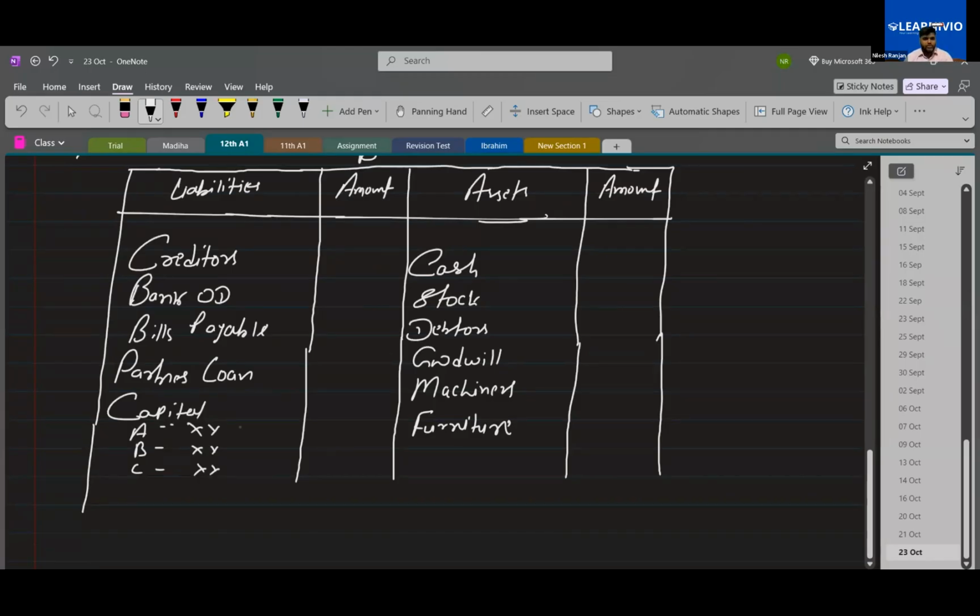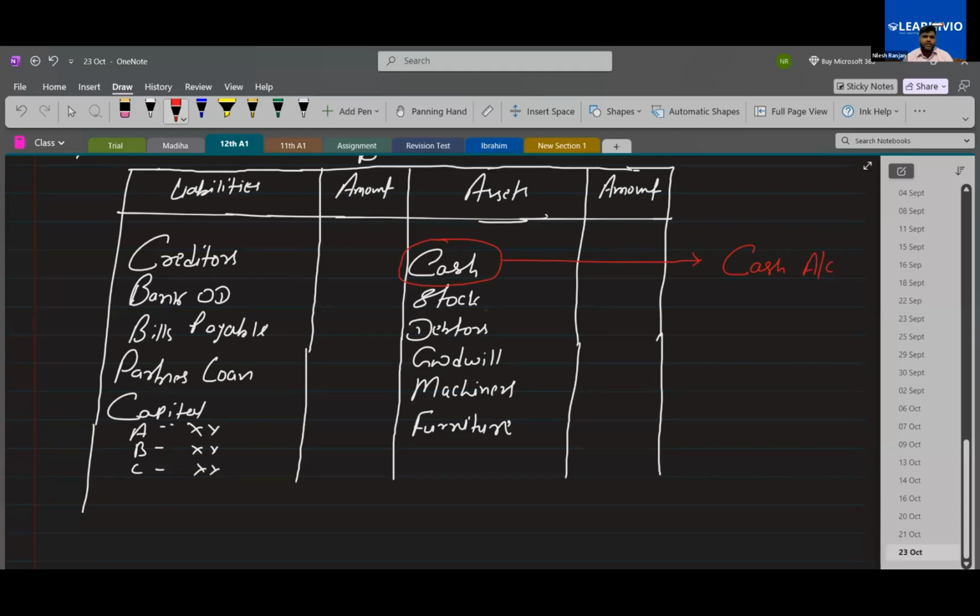Now, separate accounts are created for these. You can see there is a cash account. There are a total of 4 accounts. One is realization, second is partner capital, third is partner's loan, and fourth one is cash account. So the cash balance will be transferred to the cash account.